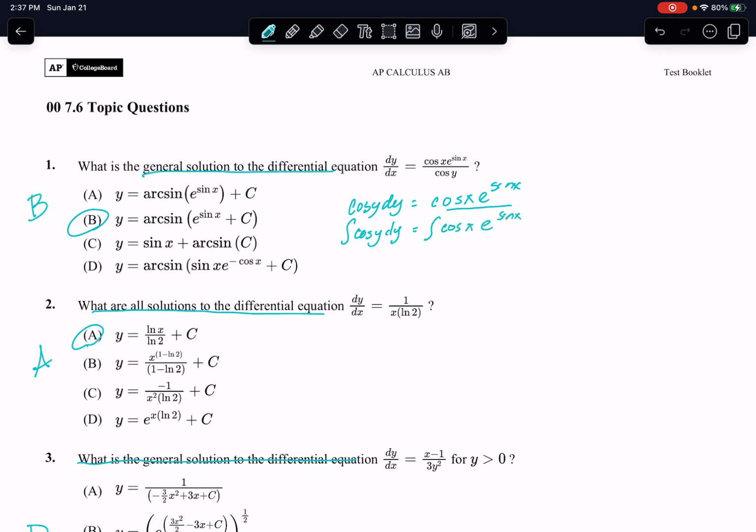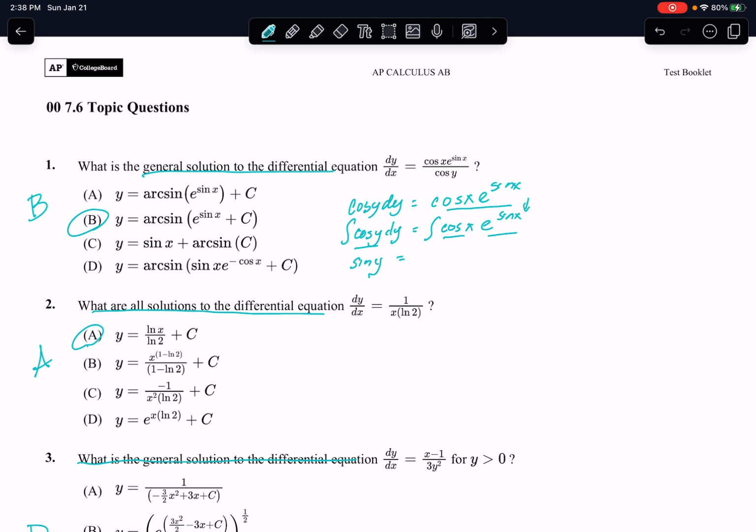Okay, so now the integral of cosine y would just be sine y, right? Sine y. And then when we want to integrate this, I'm going to have to get rid of something. So if I let u equal, look, I got a cosine and a sine.